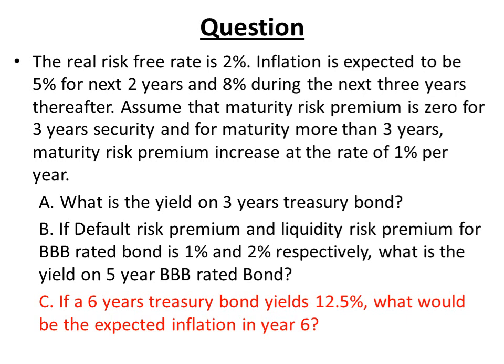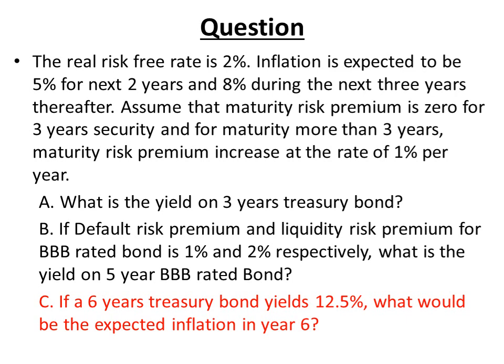That is KG3 equals what? B. If the default risk premium DRP and liquidity risk premium LRP for a BBB rated bond, that is a corporate bond, are 1% and 2% respectively, what is the yield on a 5 year BBB rated bond? That is KC5 equals what?